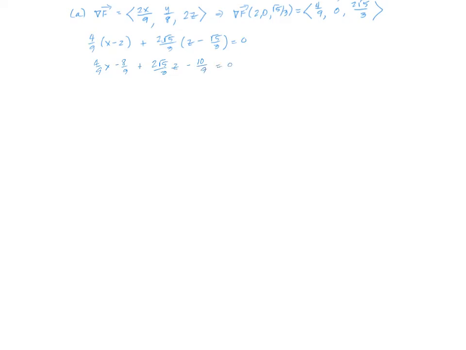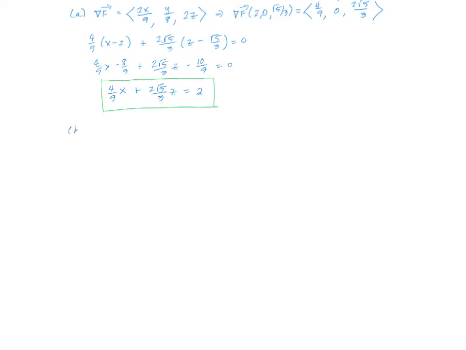Keep all the variables on one side. 4 over 9 x plus 2 square root of 5 over 3 z equal to positive 2. So here we have the equation of the plane that's tangent to our surface, our ellipsoid, at the point 2, 0, square root of 5 over 3.